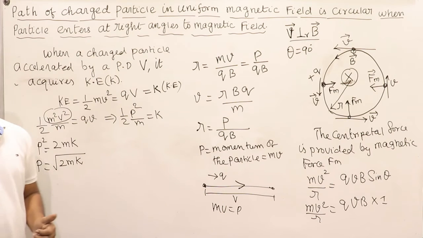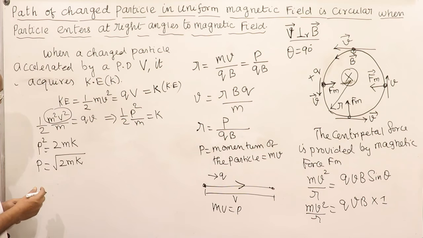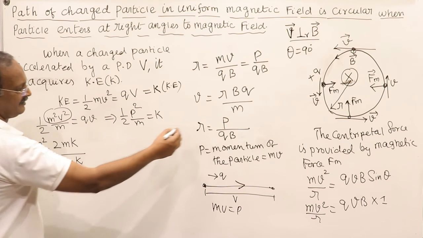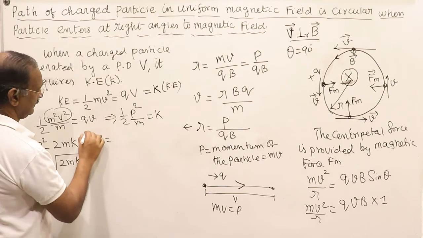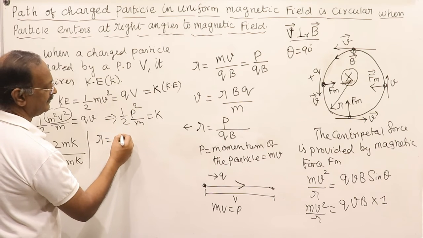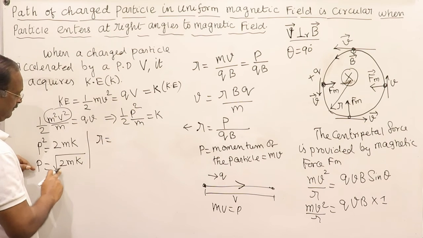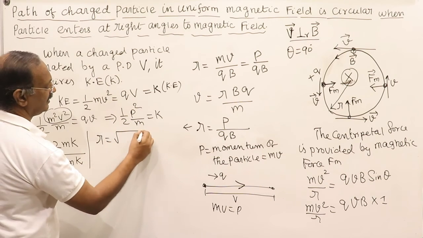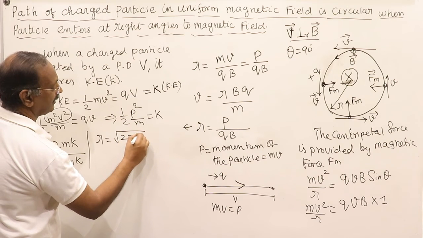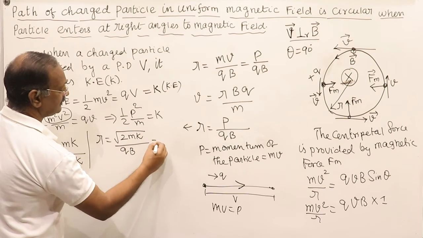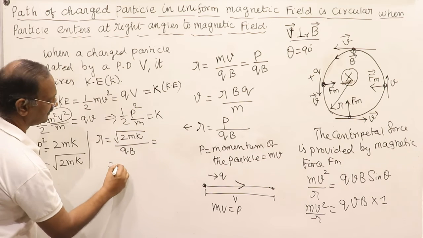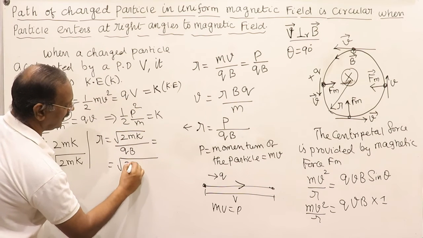Now what is the radius? From this expression, the radius is equal to p divided by qB. In place of p we can substitute under root 2mK divided by qB.